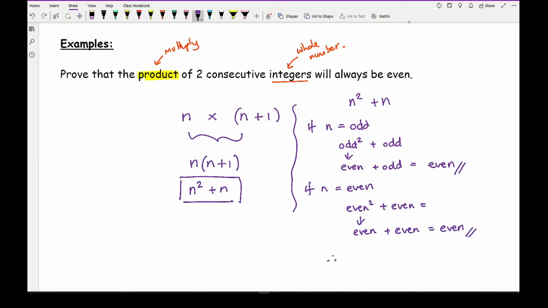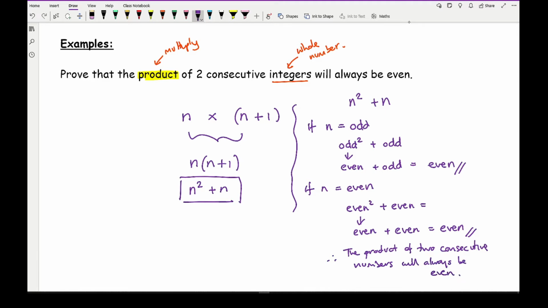So therefore the product of two consecutive numbers will always be even.